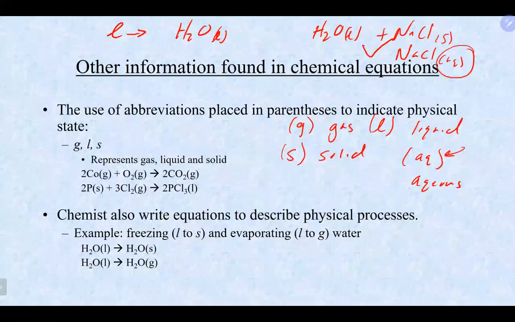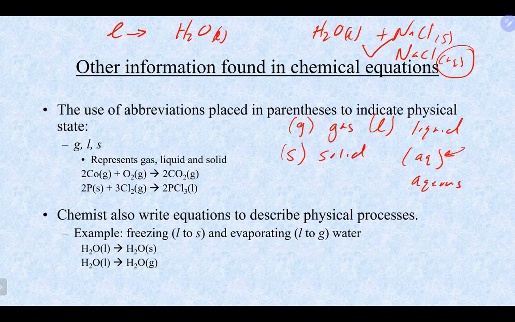So aqueous really does mean in most cases that you took two things together and they dissolved together. They made a homogeneous mixture, which is a solution, but something that is a liquid is just one substance by itself. So a lot of times in formulas, we will include the actual states of everybody in there.